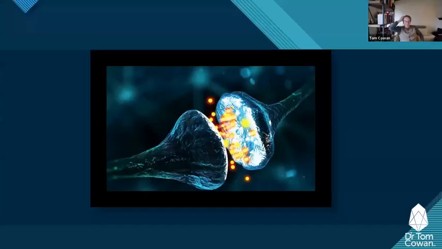So we've all heard of another sacred cow, neuroanatomy, neurology 101, is that nerves have synapses in them, which are like moats.